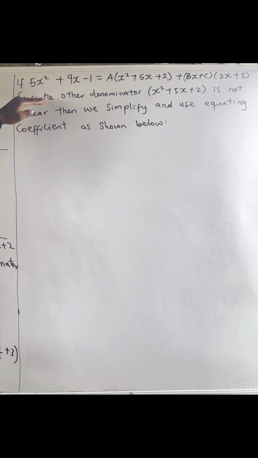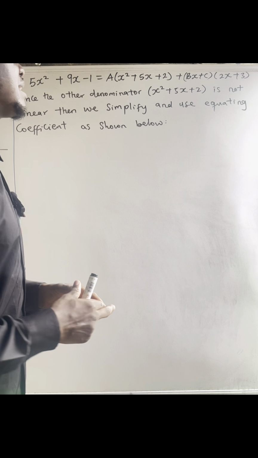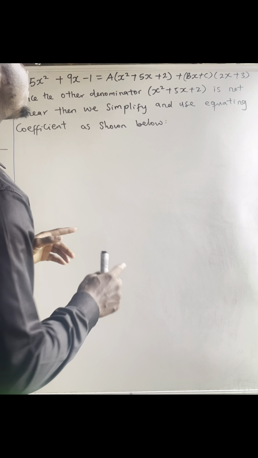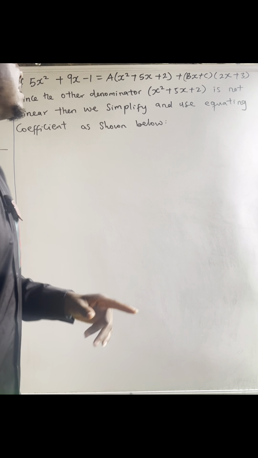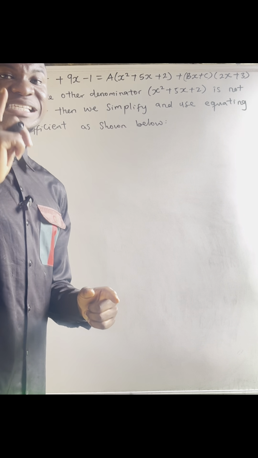You will see that in that particular question, we have two denominators. The first one is 2x plus 3, and the second one is x squared plus 5x plus 2. You will now see that the first denominator, which is 2x plus 3, is linear. But the second denominator, which is x squared plus 5x plus 2, is not linear.